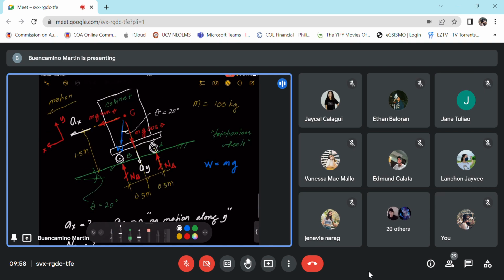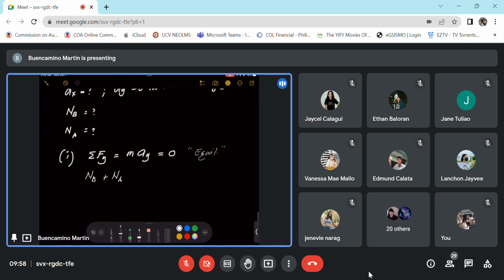And that would be minus mg sine of theta is equal to 0.